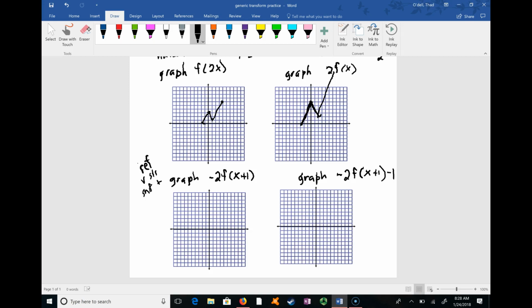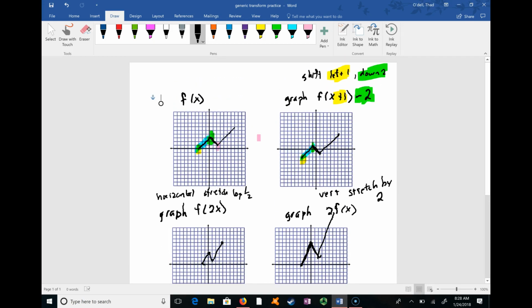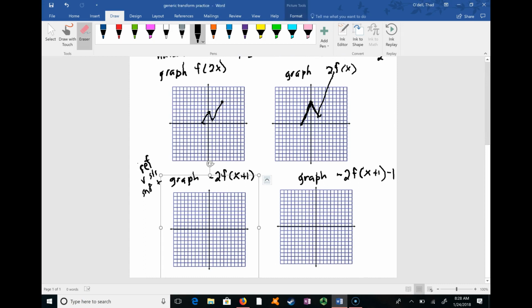Okay? So, one way to do this is to take a point like negative 3, 0. And we're going to apply each one of the transformations to it separately.